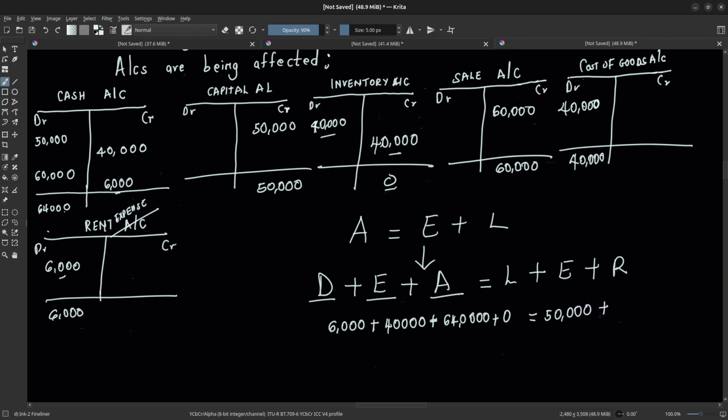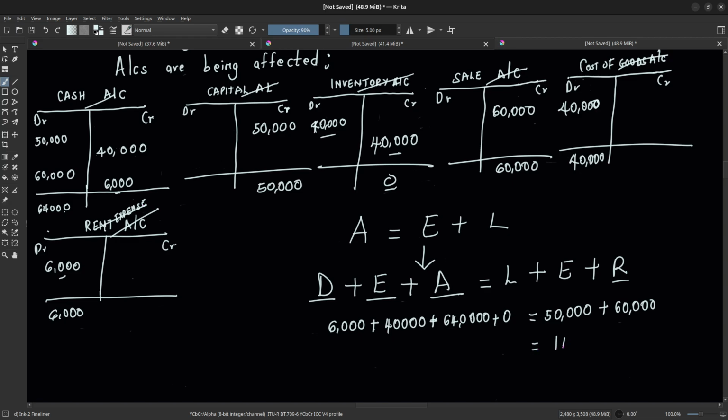And then we have a revenue account, which is a sales account, which has a balance of 60,000. You can see we've already catered to the cash account, the equity account, inventory. This is a revenue account. This is an expense account already included, and this is a rent expense account as well.